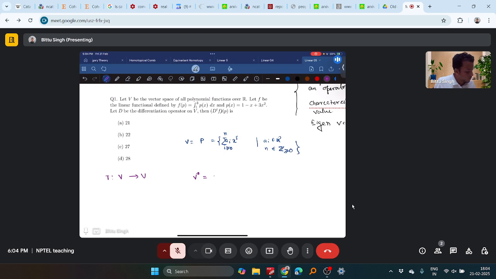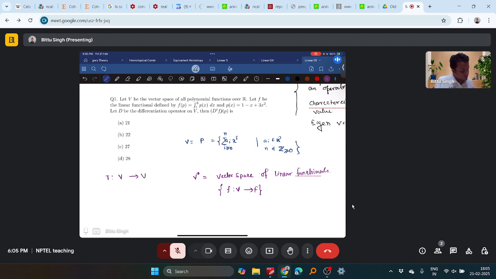It means the space of linear functionals. So any vector from V star will look like a linear functional from V to R, V to the given field. In this case, it is R.